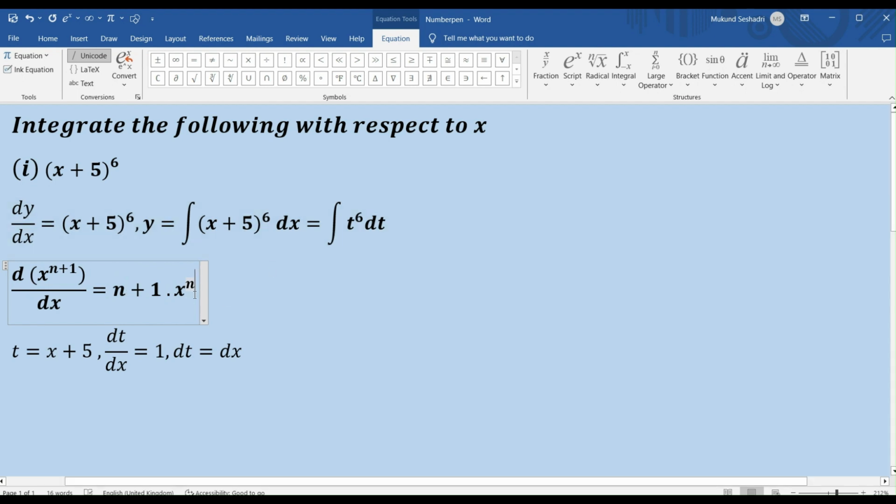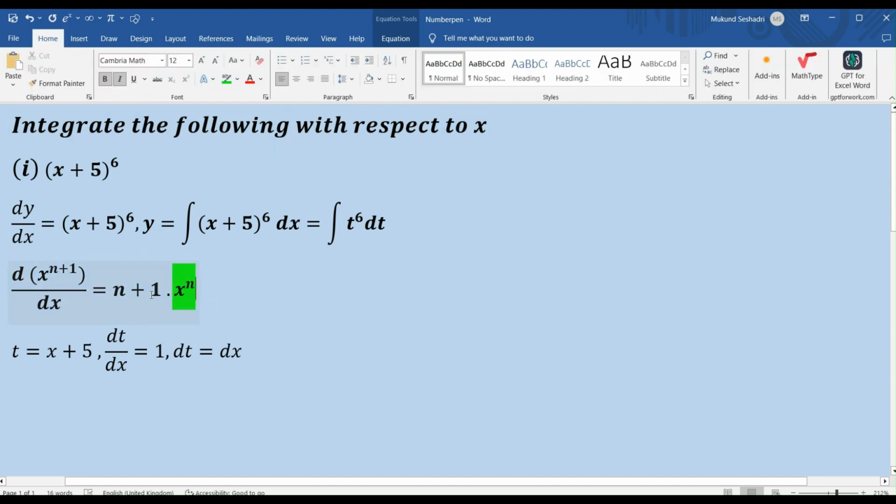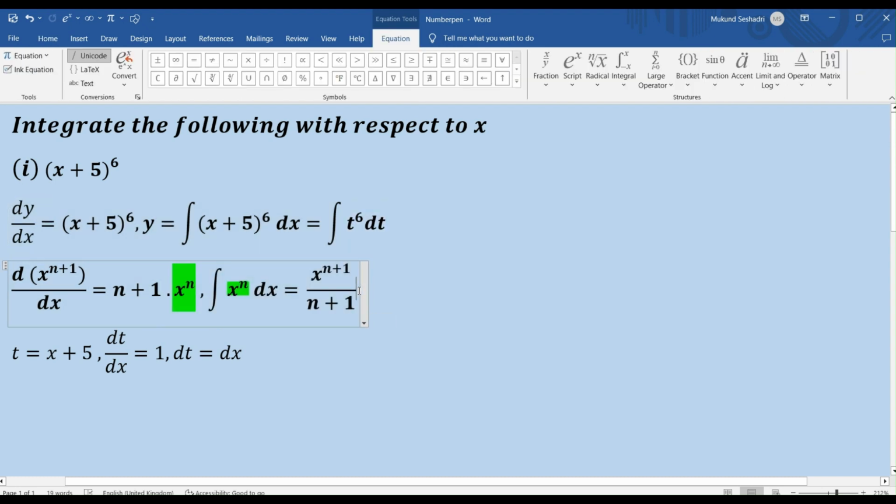Which means my antiderivative of x to the power n, let me highlight it in a particular color, right? X to the power n is nothing but x to the power n plus 1 divided by n plus 1 plus c. I have my constant, right? Because one particular function can have multiple antiderivatives, because dy by dx of a constant is 0.